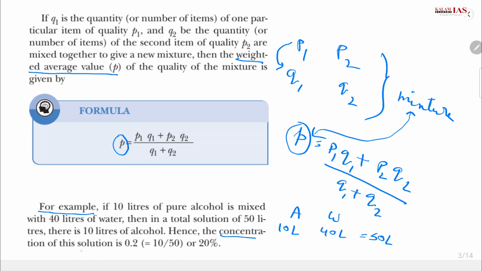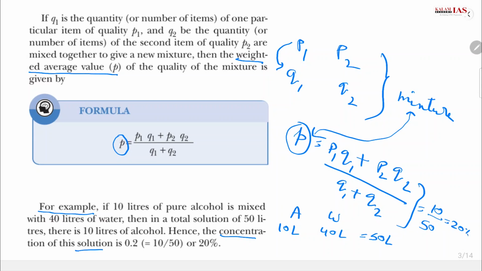The concentration of this solution means the amount of alcohol in the total solution. We can simply put these values in the formula. It is P1 Q1, that is 10 liters, divided by the total value, that is 50 liters. This is equal to 20%.